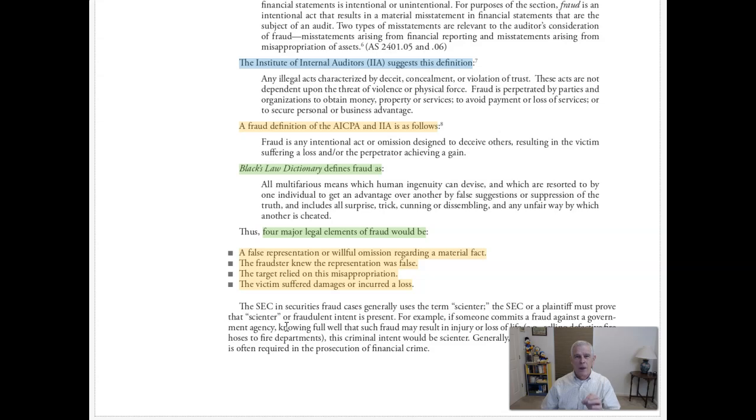Third, the target of the fraud relied on this misrepresentation. And fourth, the victim suffered damages or incurred a loss. So when you combine all these definitions, these are the four legal elements of fraud. I do want you to know these, for test purposes.